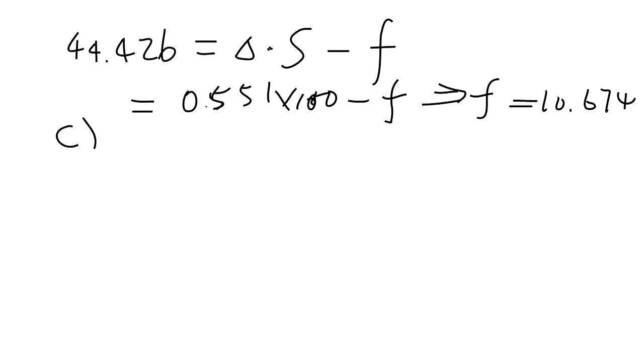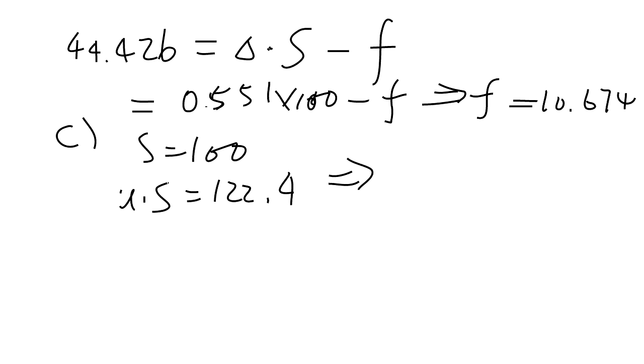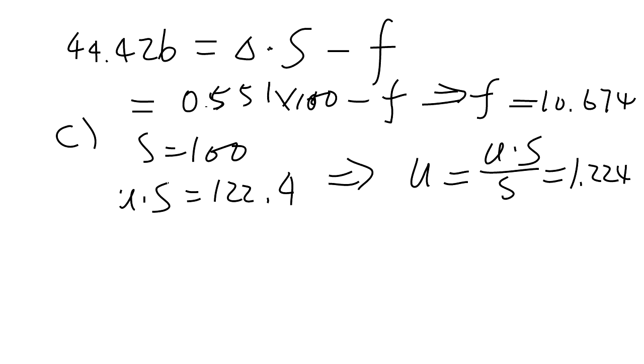And since S is equal to 100, and the U times S is 122.4, so U is equal to U times S divided by S, which is 1.224. And similarly, D is 81.71 divided by 100, which is 0.8171.